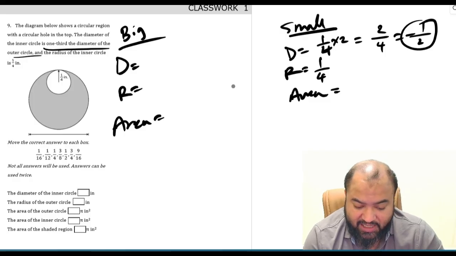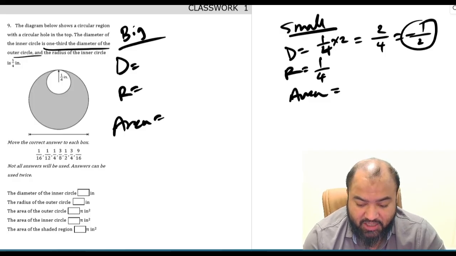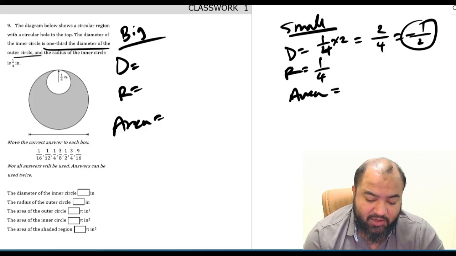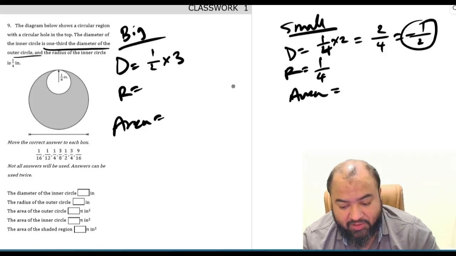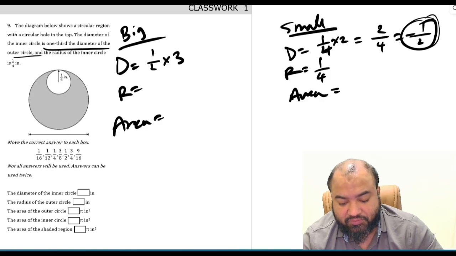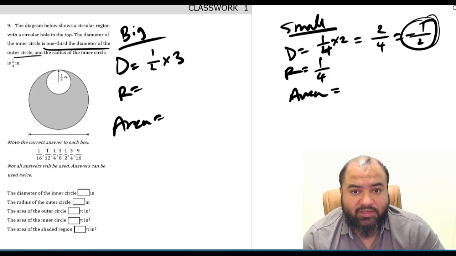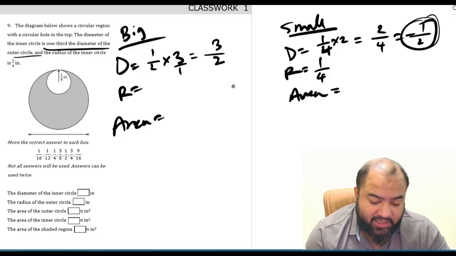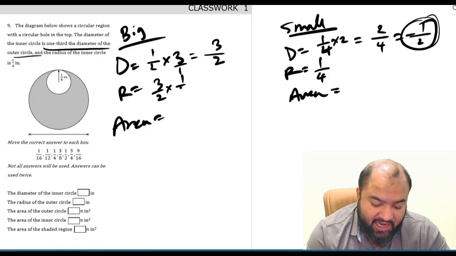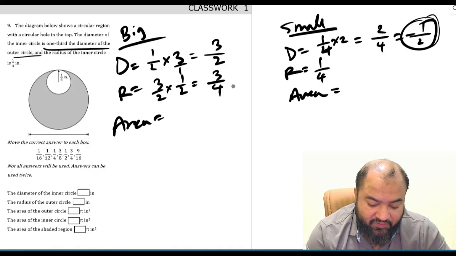Okay, so they're dealing with diameter. So the diameter of the inner circle is 1/3, so the big one will be 3 times more. Remember, the diameter of the smaller circle is half, and the big one will be 3 times more. So it's just 3 means 3/1. So it's 3/2. The radius will be 3/2 times half, which is 3/4.